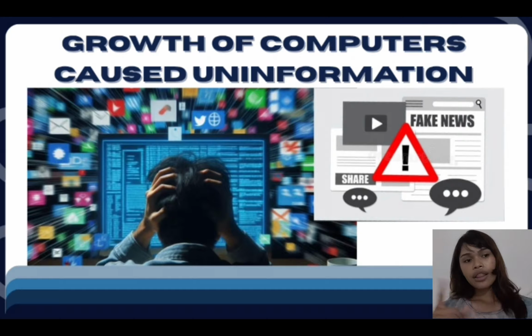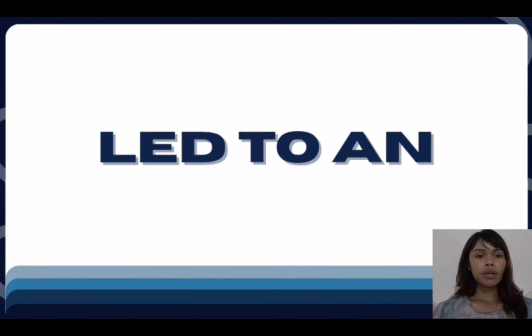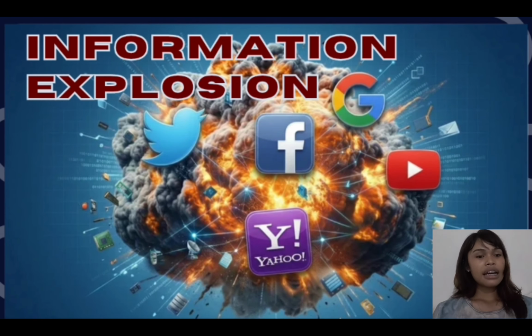And later, the growth of computers caused a huge increase of information, which led to an information explosion. So information explosion is the rapid increase of information being created and shared through books, media, and the internet. It makes information easier to access but harder to manage.